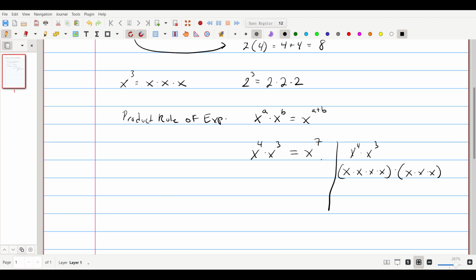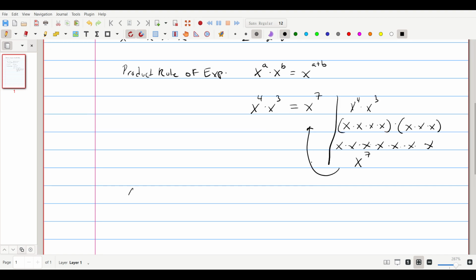And so now if we drop the parentheses because everything is multiplication, and we have the commutative property of multiplication, which means a times b is b times a, we can essentially drop these parentheses. And you see that we have 1, 2, 3, 4, 5, 6, 7 x's. And what does that mean in terms of exponents? Well, x to the 7th, which is exactly what we got there. So hopefully that makes sense.